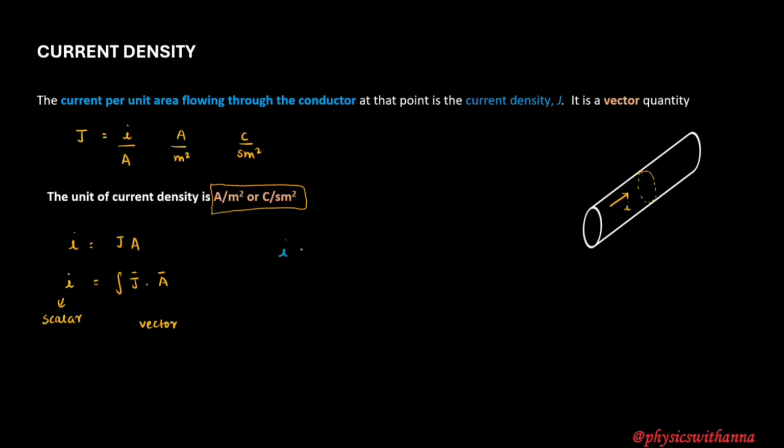You can also relate current density to drift velocity. We know the current I is dq over dt, and you can write this current I in terms of drift velocity as negative n e v_d times the area.